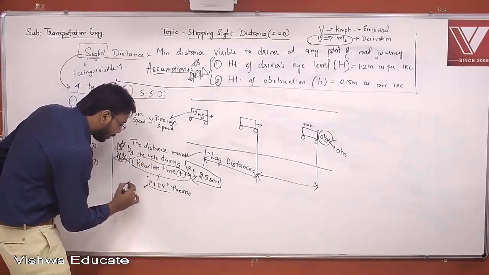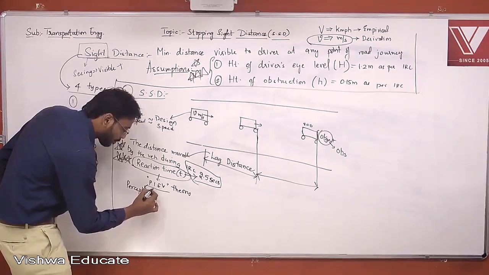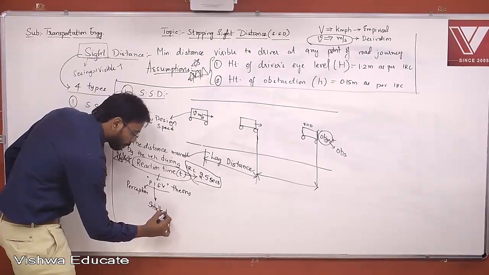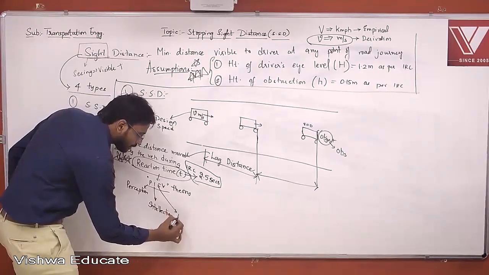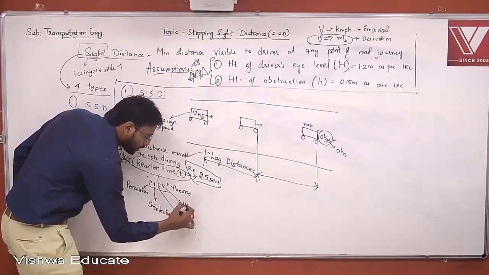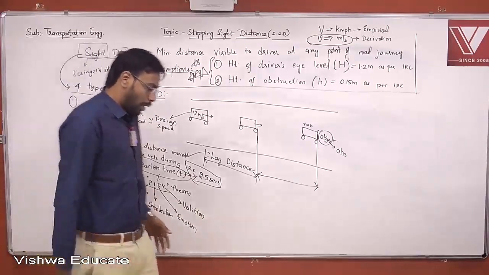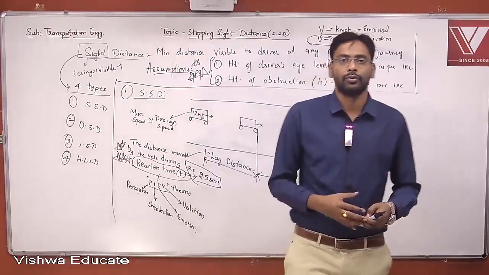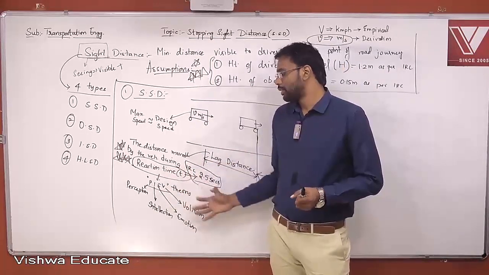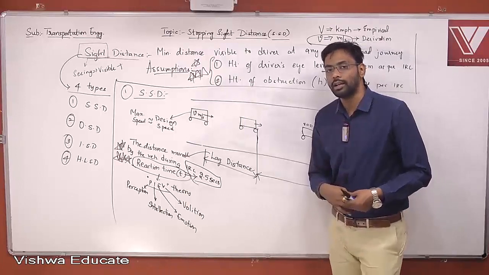P is for perception, I is intellection, E is emotion, V is volition. So what happens in that reaction time of 2.5 seconds can be explained with the help of this theory: perception, intellection, emotion, and volition.